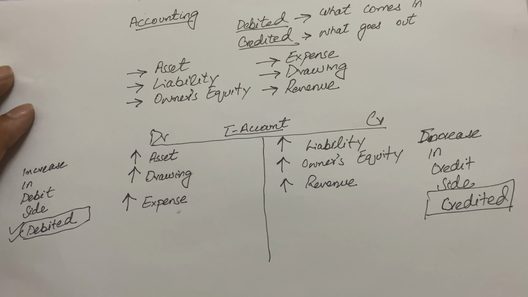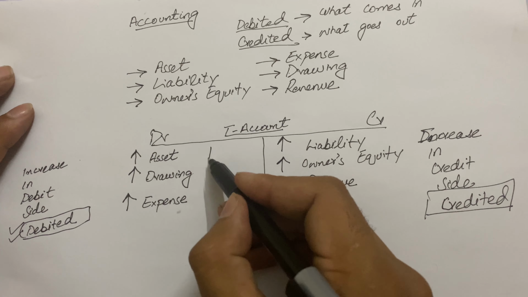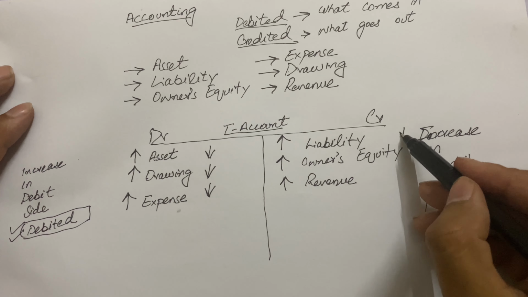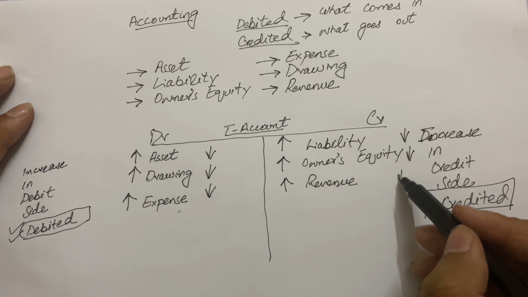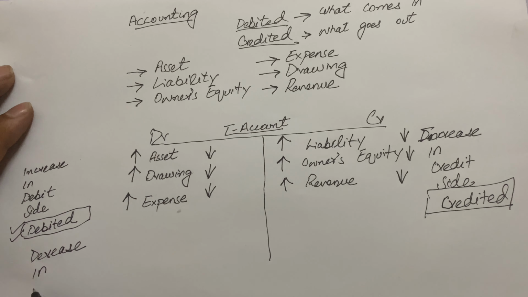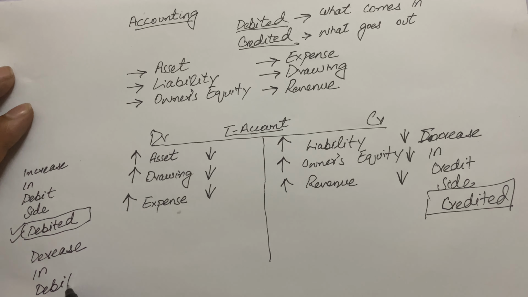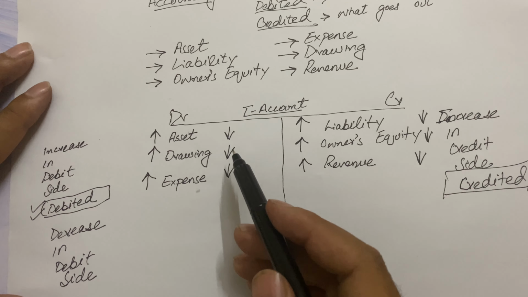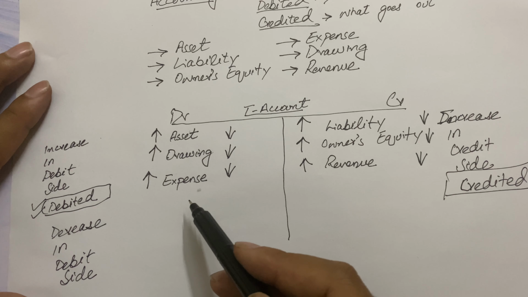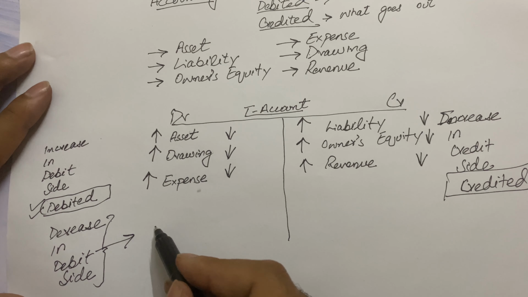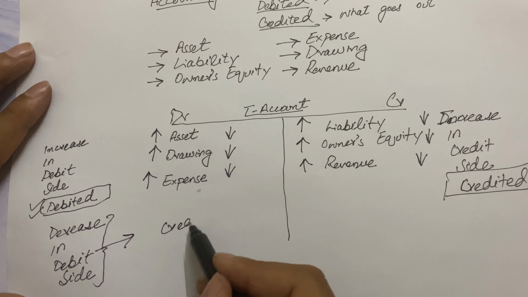Now let us talk about whenever there is a fall on the debit side, or a fall on the credit side. Whenever there is a decrease in the debit side, decrease in asset, drawing, or expense, it will always get credited.